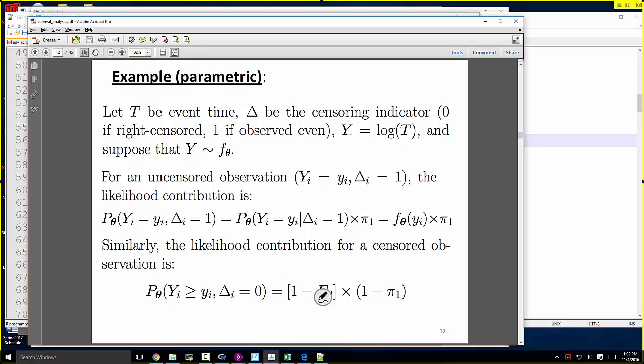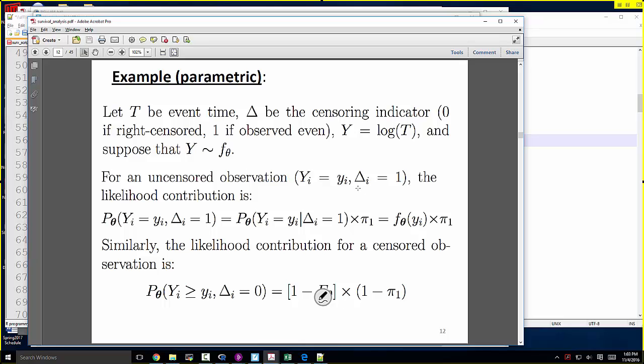Suppose that Y has some parametric distribution, F, that's parameterized by parameters theta. Could be normal, could be gamma, could be whatever, just some distribution that we specify.